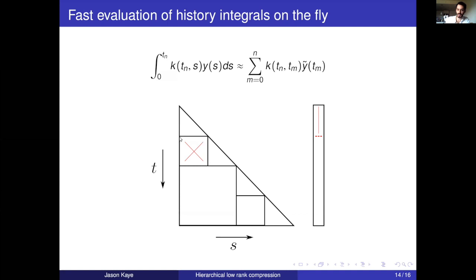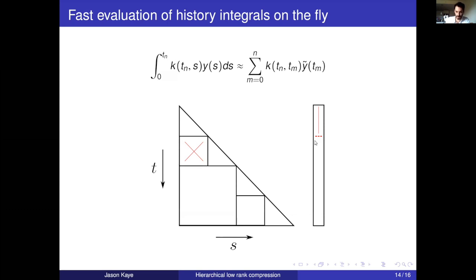And what does that get us? That gets us a contribution to a bunch of the history integrals corresponding to these rows. So we've computed in advance the interaction between these values of y and some of the history integrals in the future.